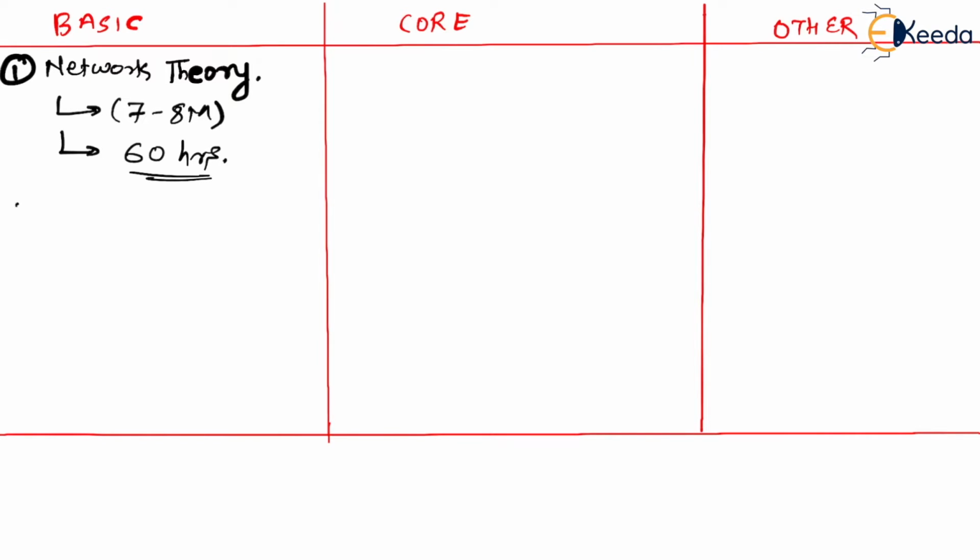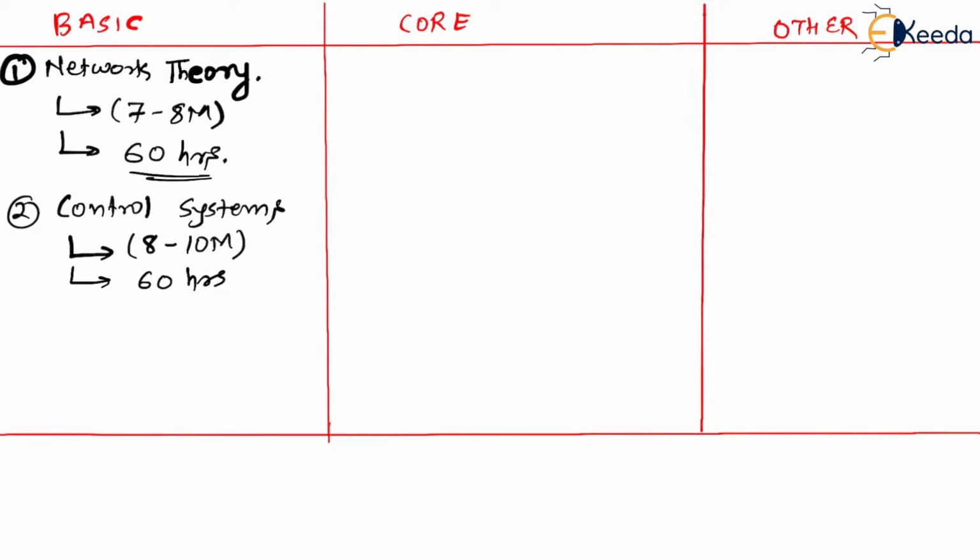This is very important, right? 60 hours. Then the second subject that we have is nothing but control systems. If you think of control systems, the weightage of this subject is around 8 to 10 marks, and the time required to complete this subject is again around 60 hours. 60 hours are sufficient to complete control systems, right?